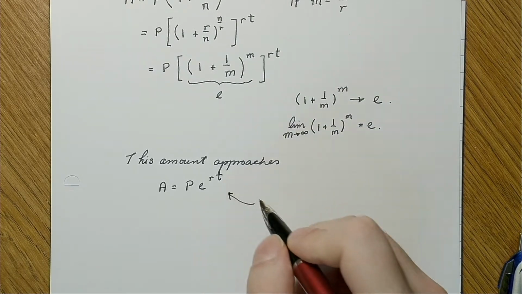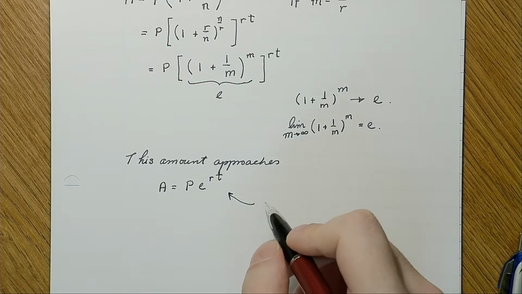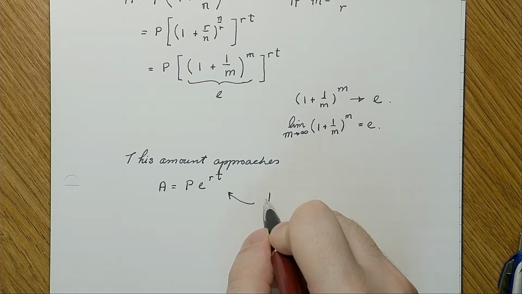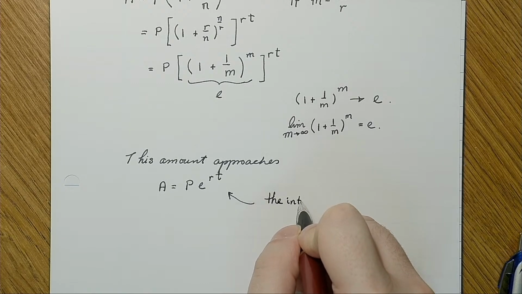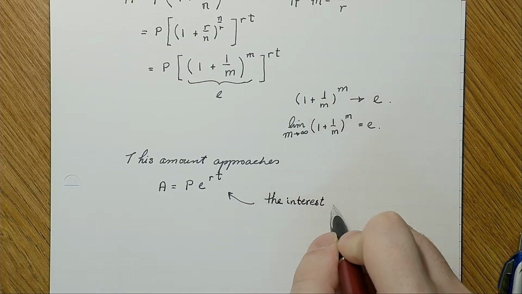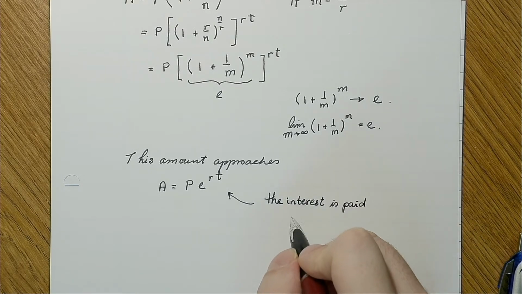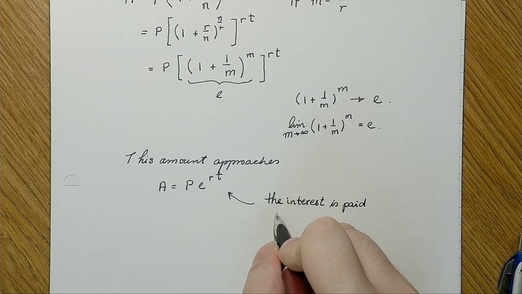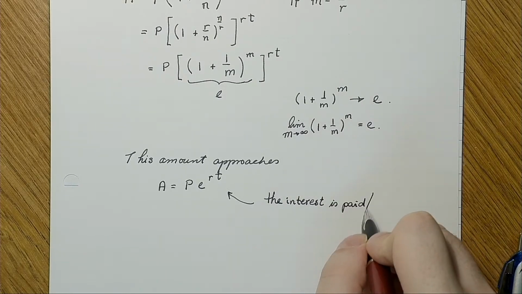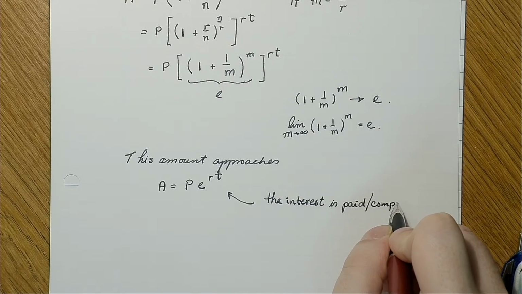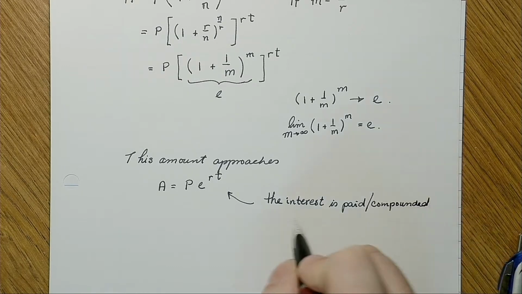And usually you'll see something like this. This will mean that the interest is paid or compounded continuously.